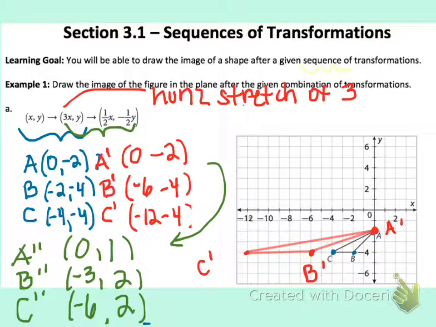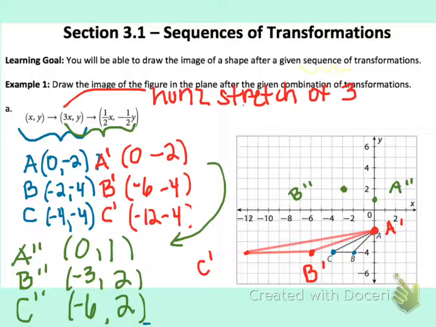I'm going to put them on the graph over here in green. So 0, 1, there's A double prime. Then negative 3, 2. Oops, I did it again. I always label them right over top of the figure, because I never quite know exactly where it's going to be. So negative 3, 2. There's B double prime.